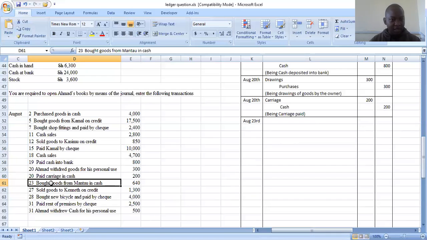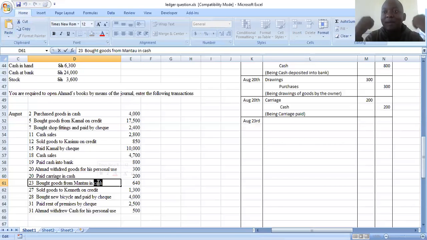The two accounts here are purchases and cash. We've bought from Mantau and paid him cash. So the two accounts here are cash account and purchases. Being that we have paid Mantau, we do not need his account.